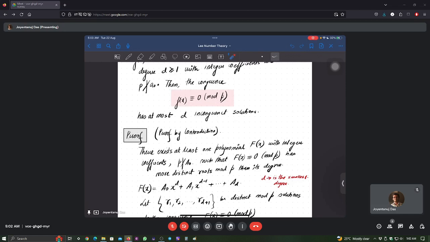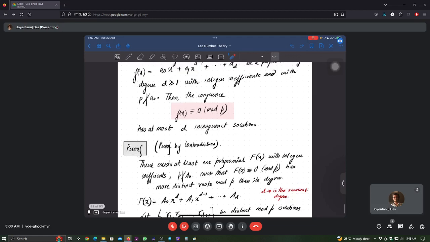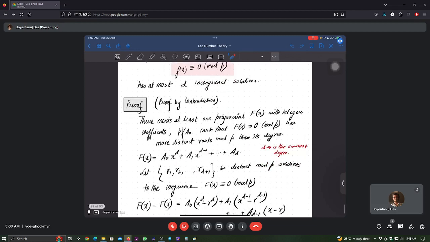P does not divide a0. So we have to prove that it has at most d incongruent solutions. Only as a contradictory assumption I'm assuming that it has more distinct roots than its degree. So other conditions are all the same.